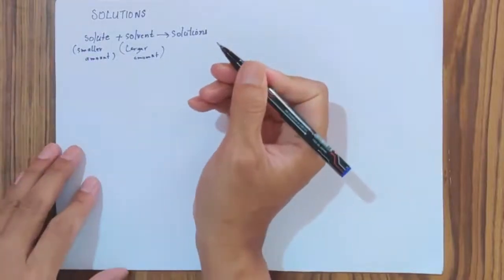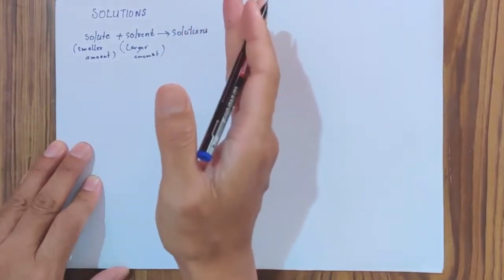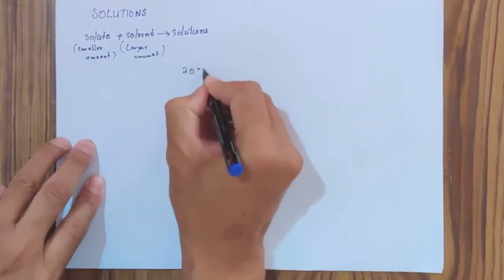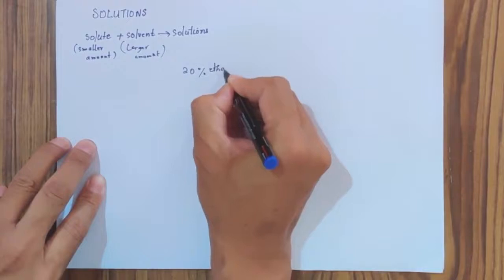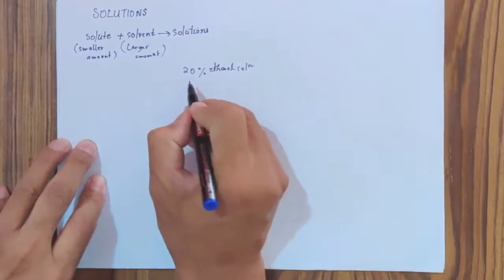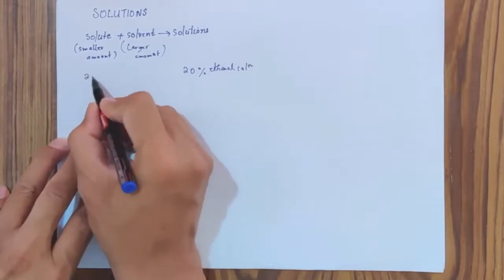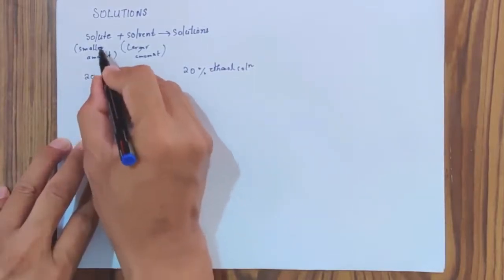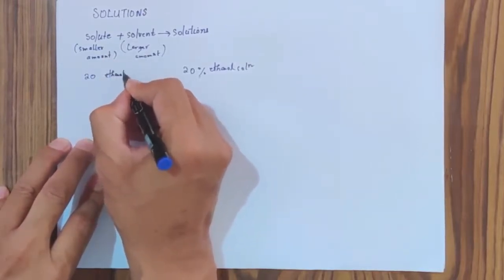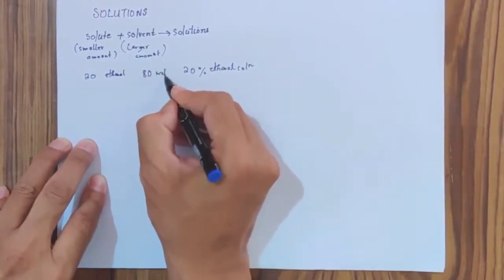Say, exactly, a 20% ethanol solution. In a 20% ethanol solution, the 20 part is the solute, which is ethanol, and the remaining part is the water, which is the solvent.